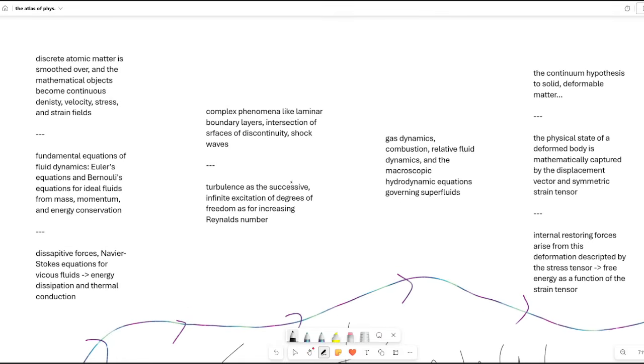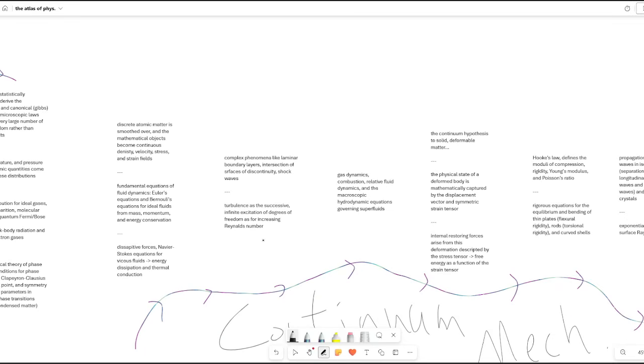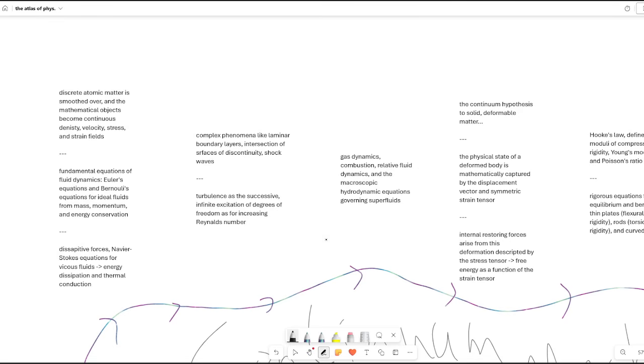So that's the formulation of turbulence that would be more in alignment with theoretical physics. Less mathematical, but more theoretical physics. The gas dynamics, combustion, relativistic fluid dynamics, and macroscopic hydrodynamics equations governing superfluids.